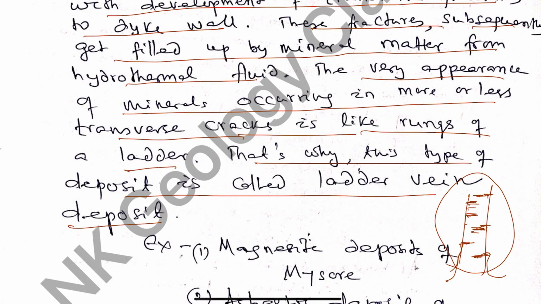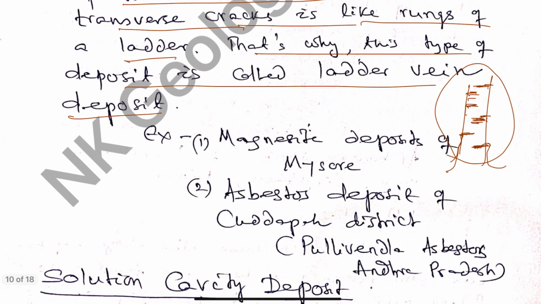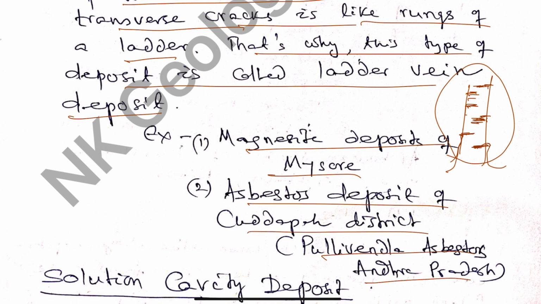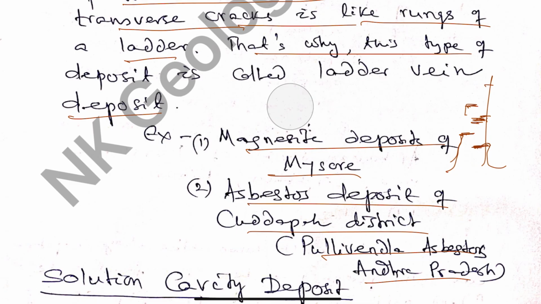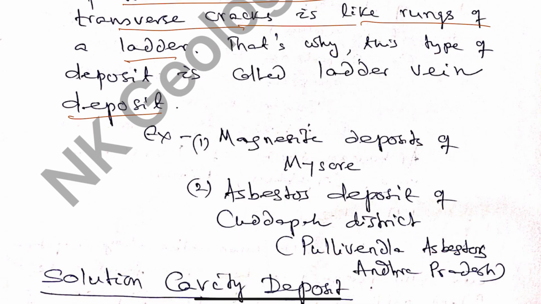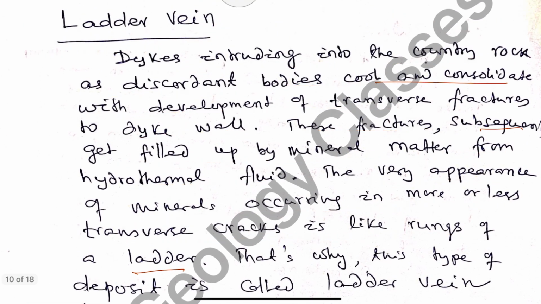These deposits appear as the rungs of the ladder. That's why it is described as a ladder vein deposit. Examples: magnesite deposit of Mysore, asbestos deposits in Kadapa district, Pulivendra asbestos, Andhra Pradesh. So these are the ladder veins.